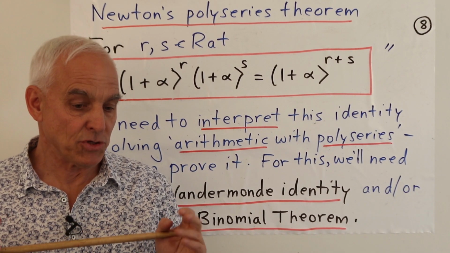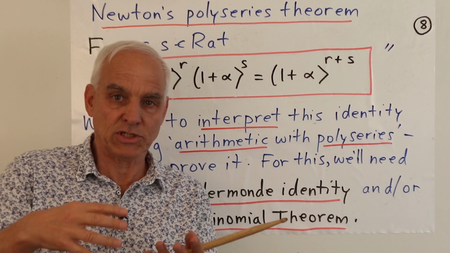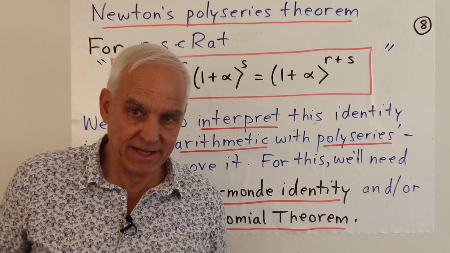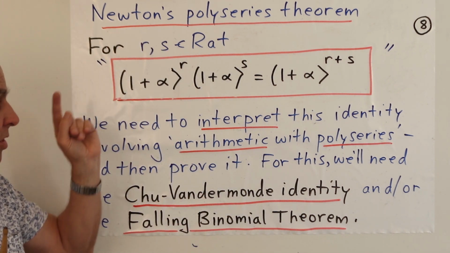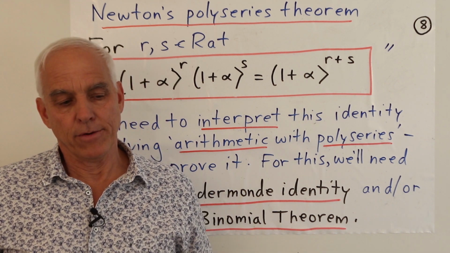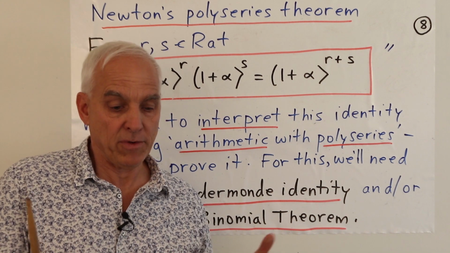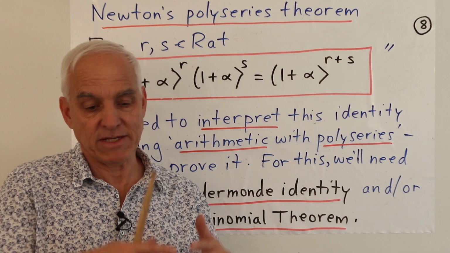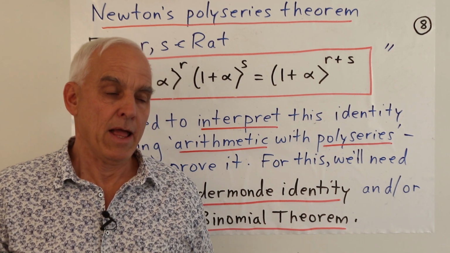Okay, so now we come to the main formula that puts this whole story on the map. Why are these things interesting? It's because of this theorem, which we'll call Newton's Polyseries Theorem. Now, Newton actually didn't really prove very much in this context. He wrote down these formulas. He made some observations, made some tables, saw some patterns, wrote down some formulas, and made some claims.